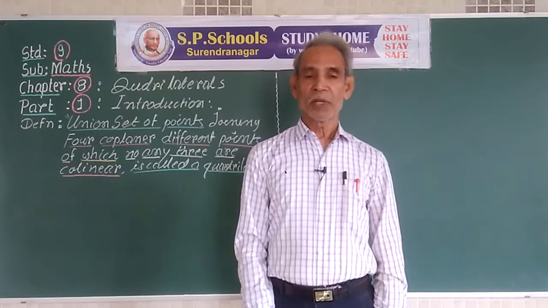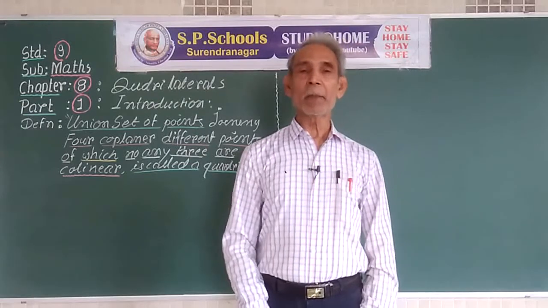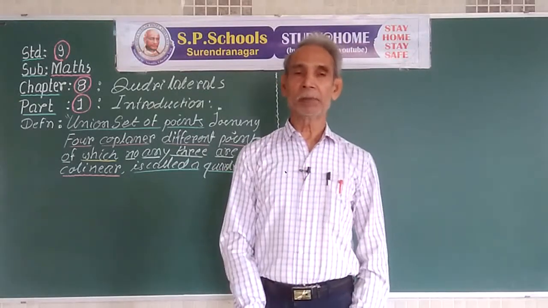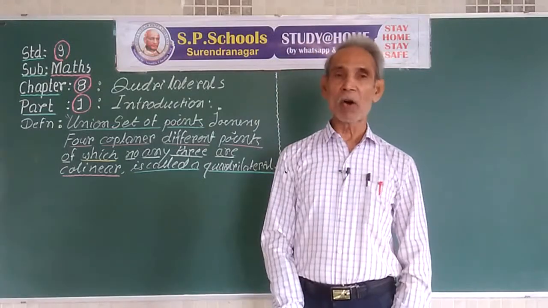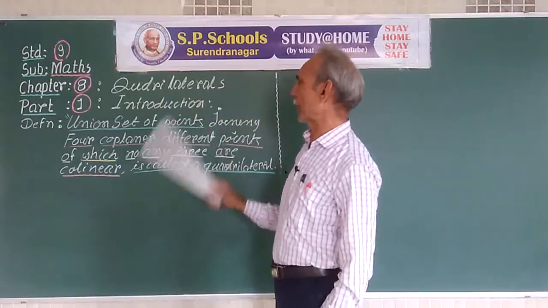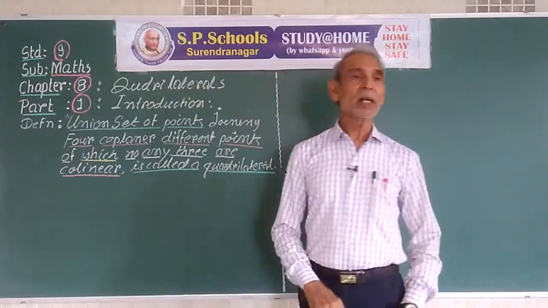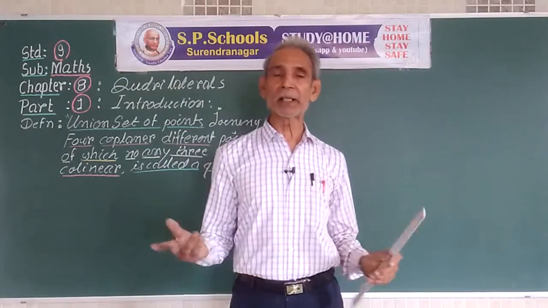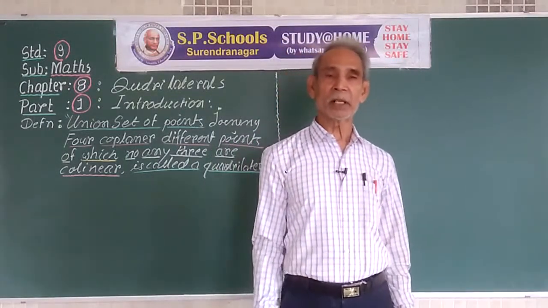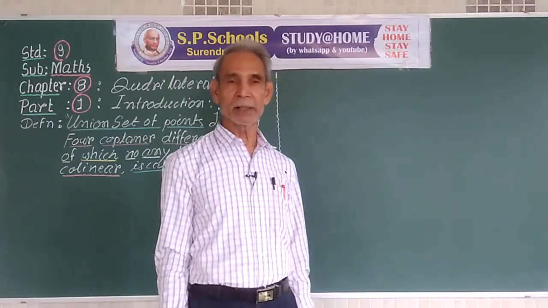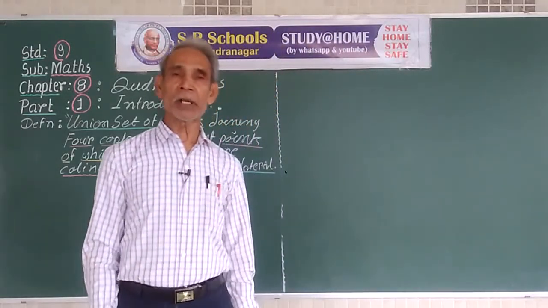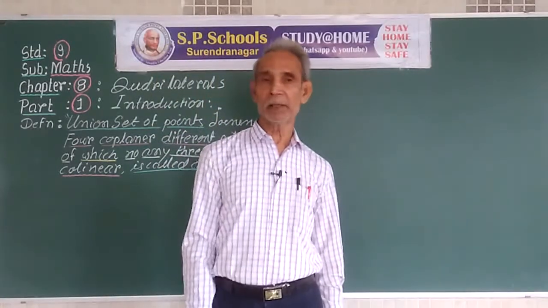Now, further, if there are 4 points, then we can have a 4-sided figure. In our life, we find 4-sided things in many places: tables, chairs, boxes, rooms, mobiles, many things. A 4-sided TV screen.